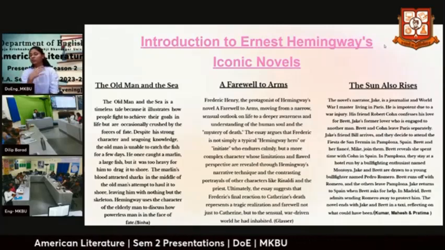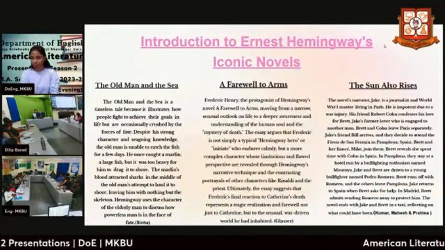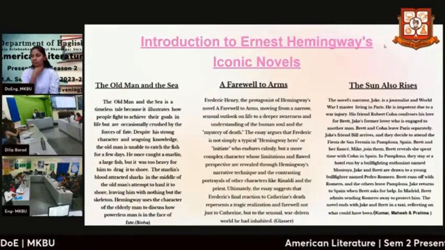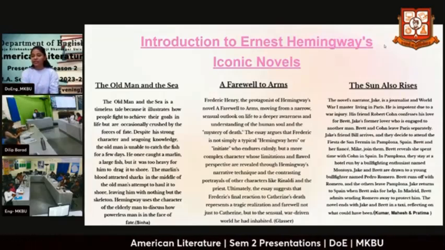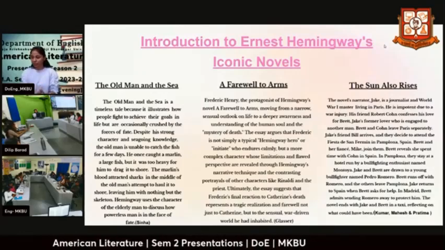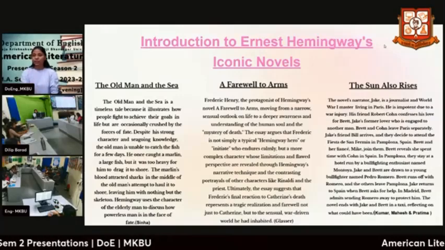But Brett was a type of girl. It was a time after World War One, when all the young generation were totally off their track, not knowing what to do. So Brett was a very flirtatious girl.